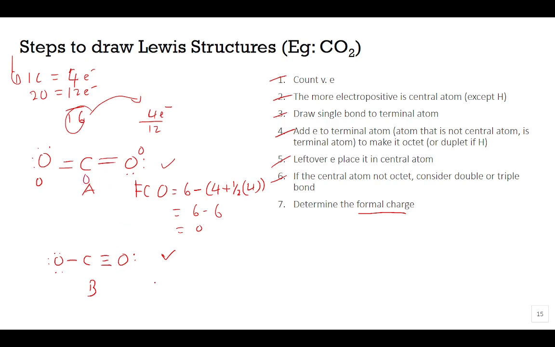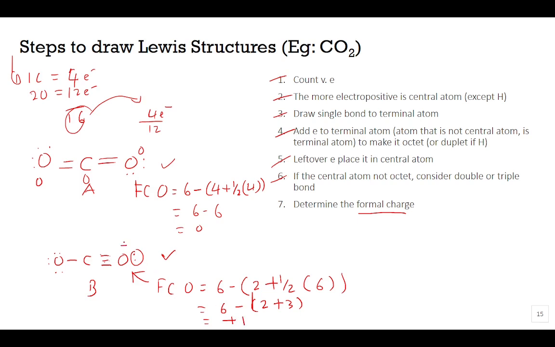But for this one, the formal charge of oxygen here is 6 minus lone pair electrons, which is only 2, minus half of bonding electrons, that is 6. So this one is 6 minus 2 minus 3, which is actually positive 1.